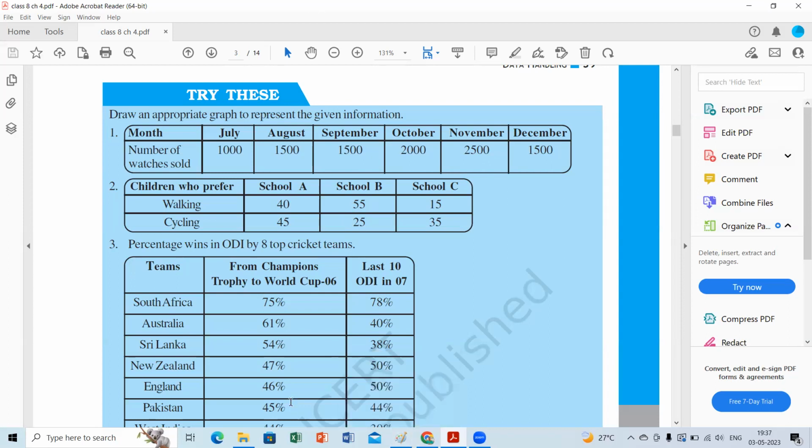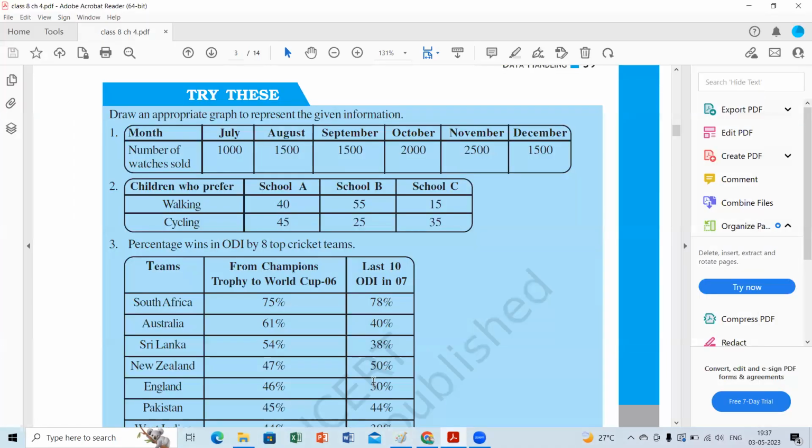Walking and cycling, probably we can consider activity, but here, they are coming to school by walking or cycling, their own transport, so it is regarding transport only, I think. Mode of transport preferred by different students from different schools. Okay, any other?